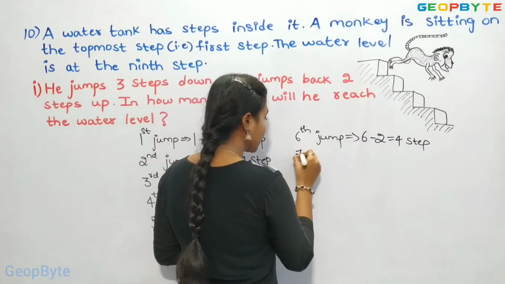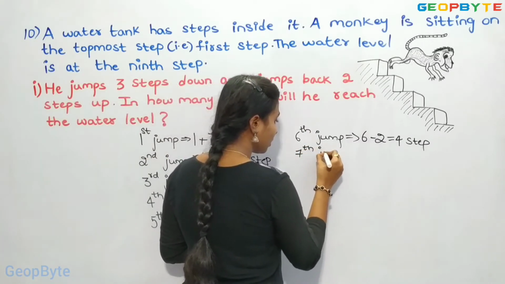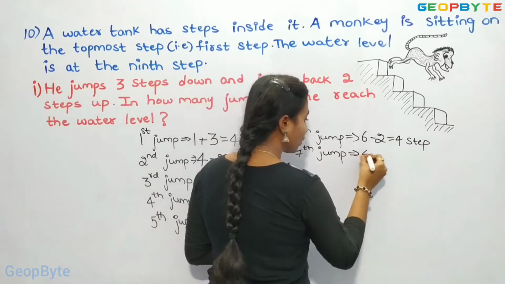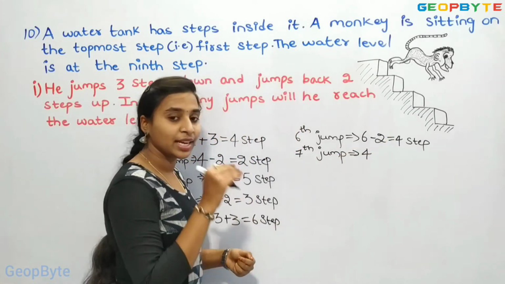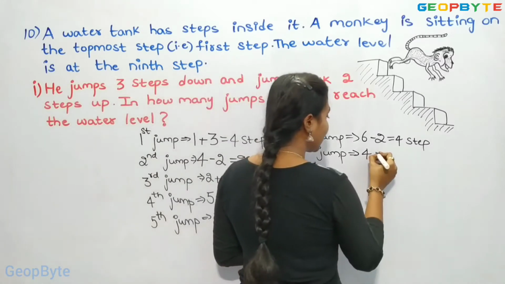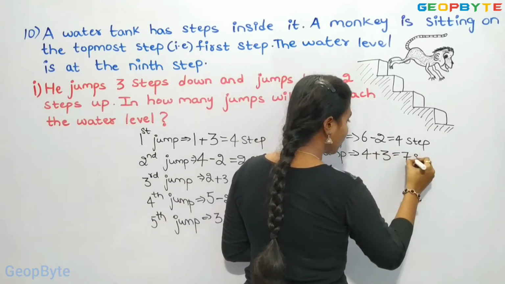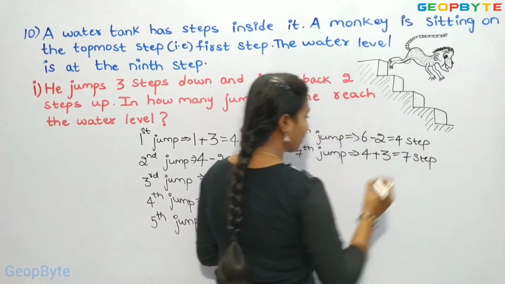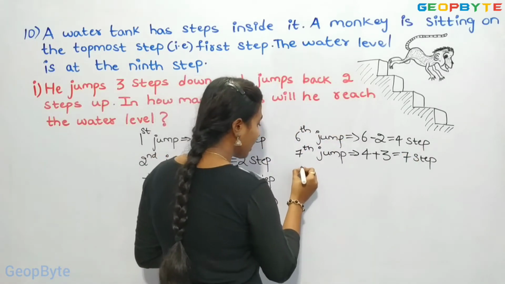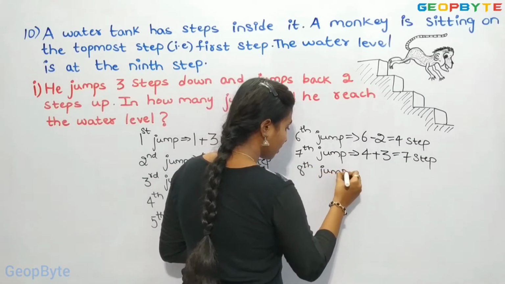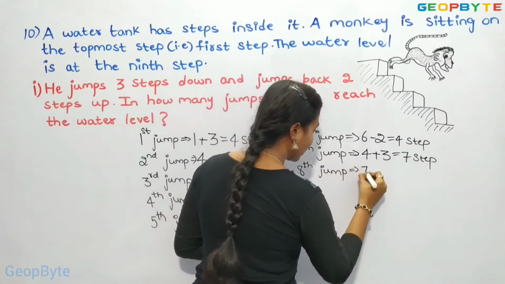Again, in the 7th jump, he is on the 4th step. He jumps 3 steps down, that is 4 plus 3 is equal to, he comes on to the 7th step. Now, in the 8th jump, he is on the 7th step.